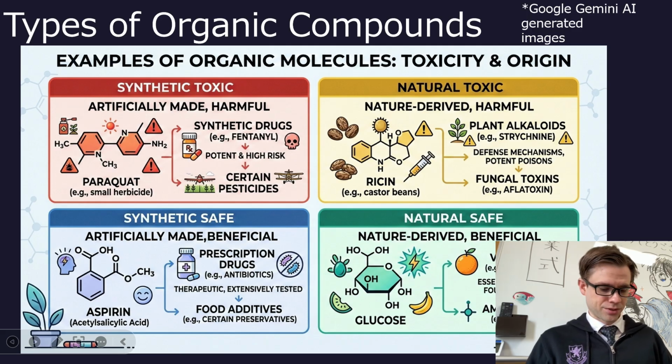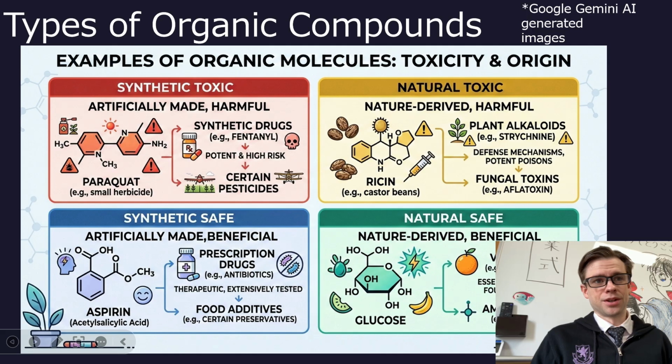Other prescription drugs are generally safe, antibiotics, and very useful. Food preservatives, although I'd still say avoid food preservatives as much as possible. It's better just to eat food without them, although overall they have been a good thing, I think, for keeping our food shelf lives sort of stable and reducing waste.